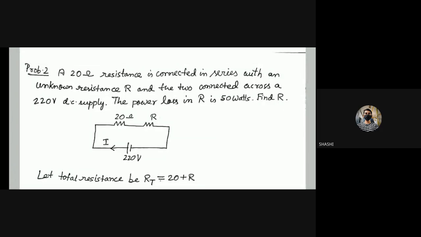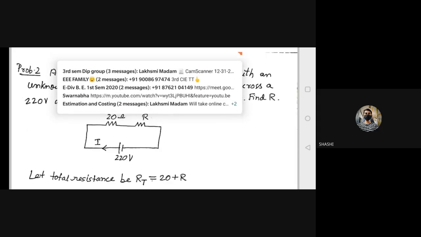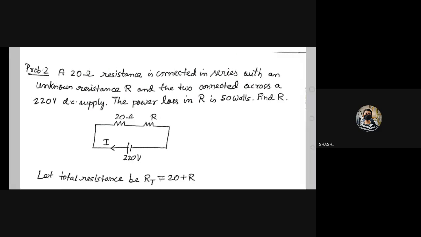You can write this problem down and try to solve it. Ma'am, screen is halfly visible.